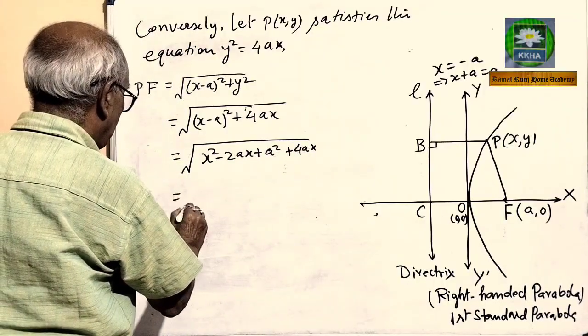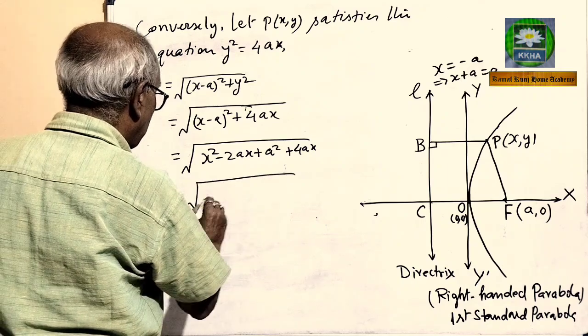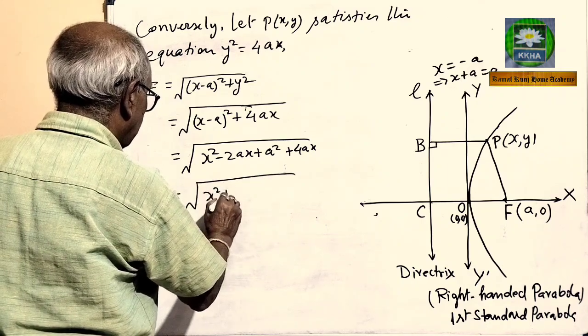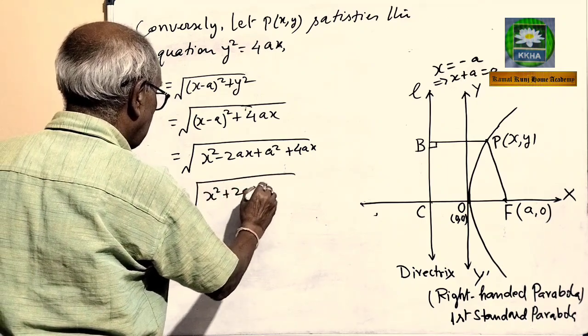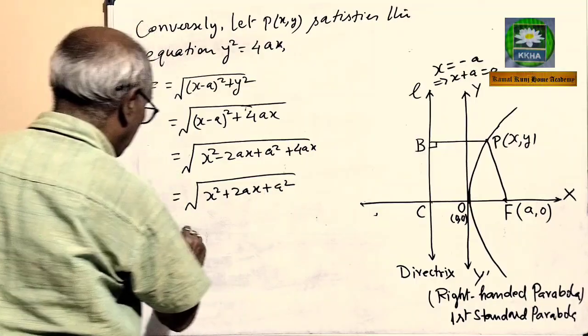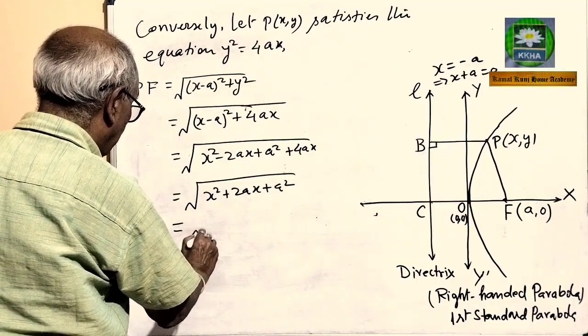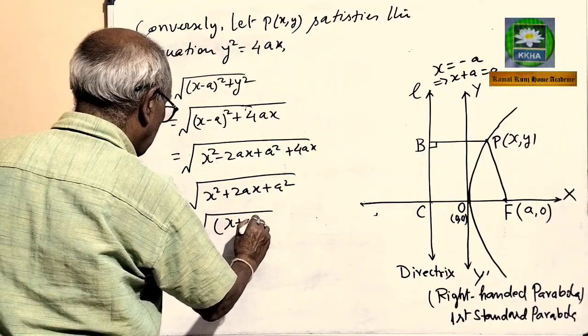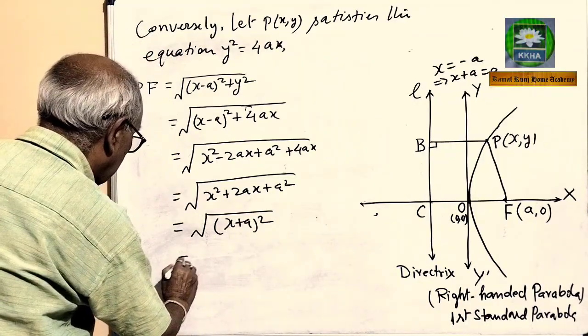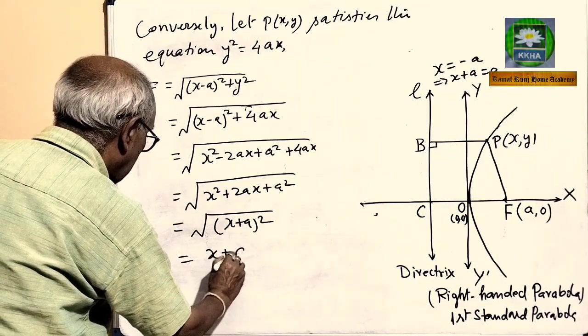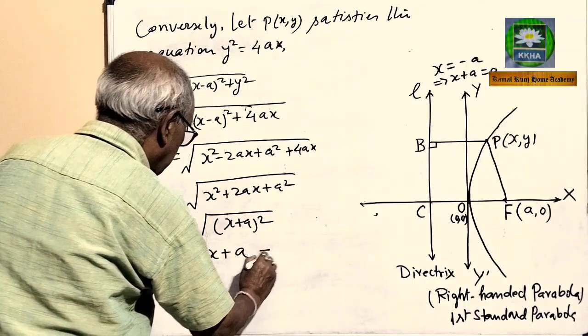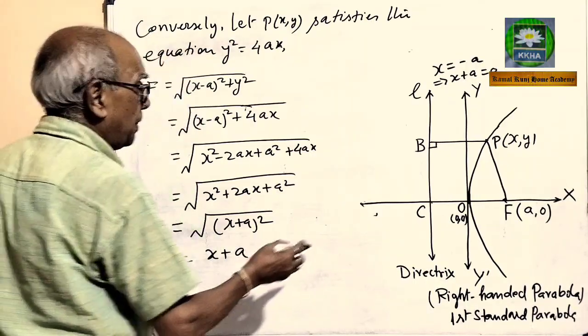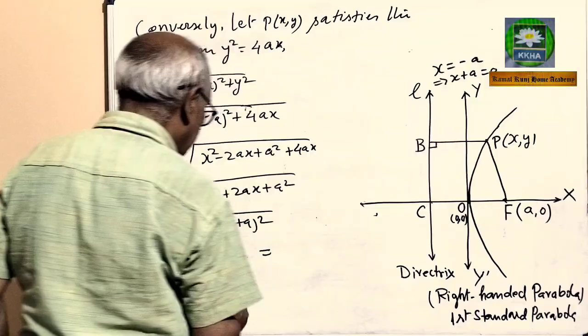This is equal to x square plus twice ax plus a square, which is the whole square of x plus a, equal to x plus a, and x plus a is PB.